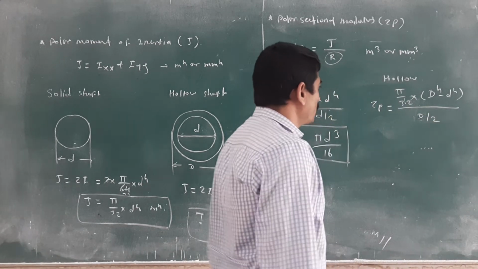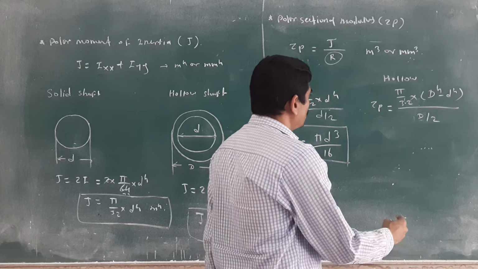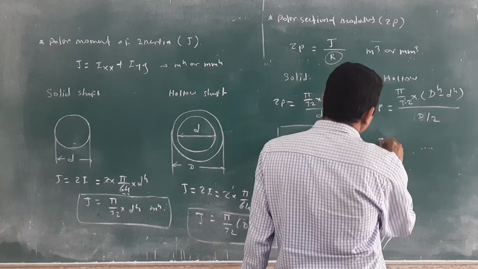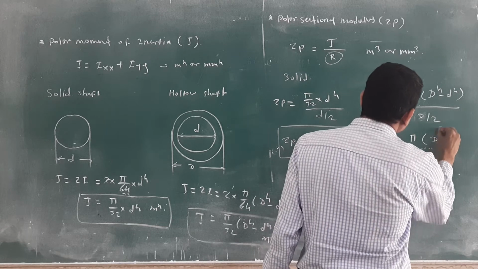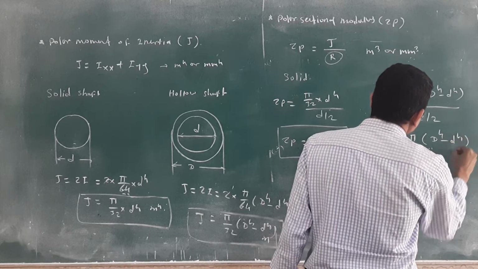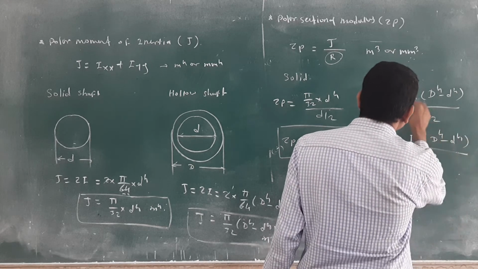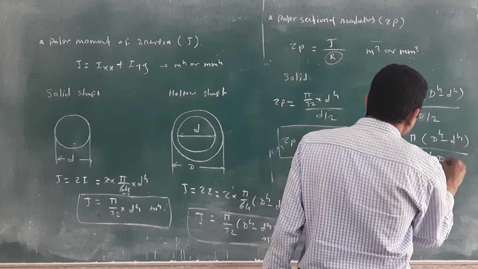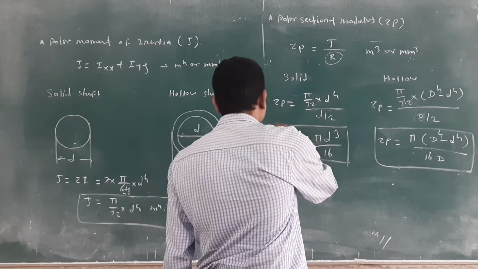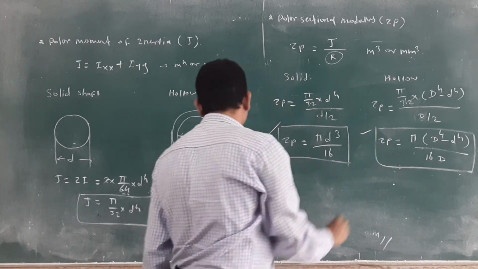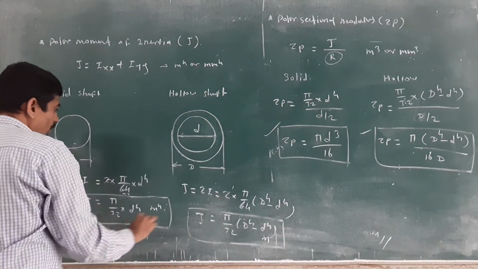Okay. Then what will you get? If you solve this, you will get pi into D raised to 4 minus d raised to 4 divided by 16D.